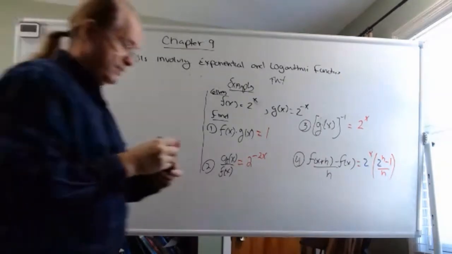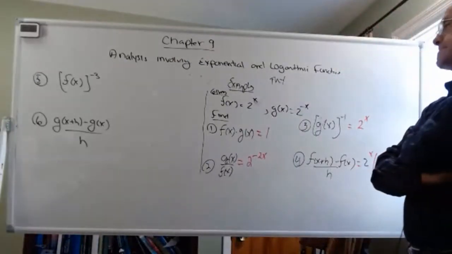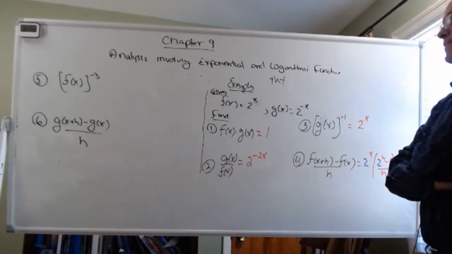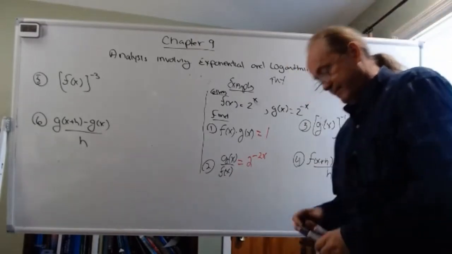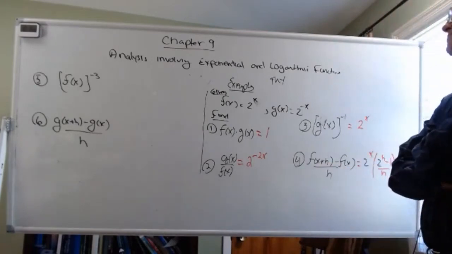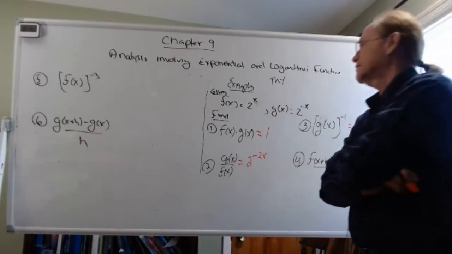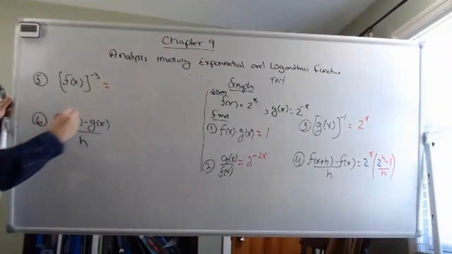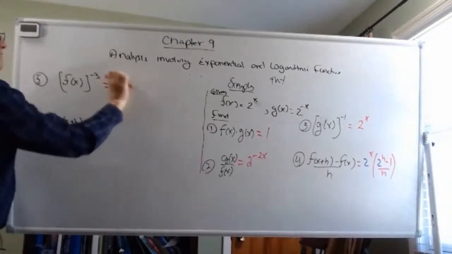Let's see if we can figure out what that is. Number 6 is very similar to number 4. I keep wanting to write e all the time.